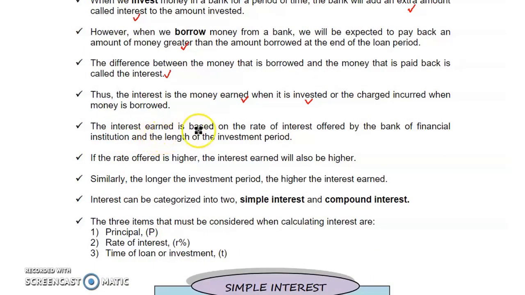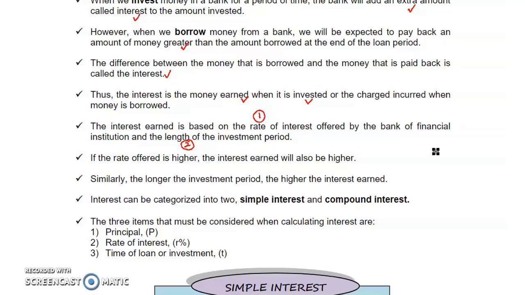The interest earned is based on the rate of interest offered by the bank or financial institution, and the length of the investment period. Length of investment period means how long we borrow the money or how long we invest the money.